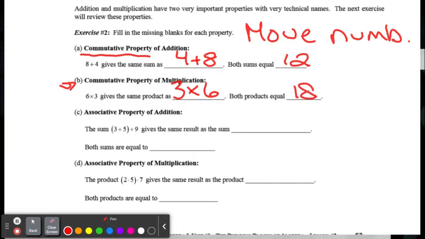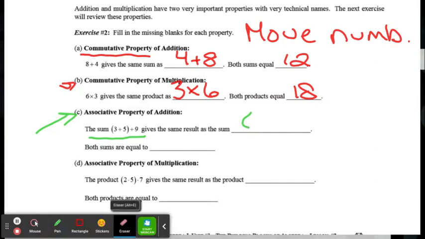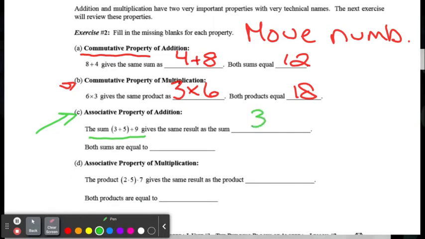Now, the associative property right here is like what numbers are associating with each other. So here it says the sum of 3 plus 5 in parentheses, plus 9, gives you the same result as 3 all by itself plus 5 plus 9.